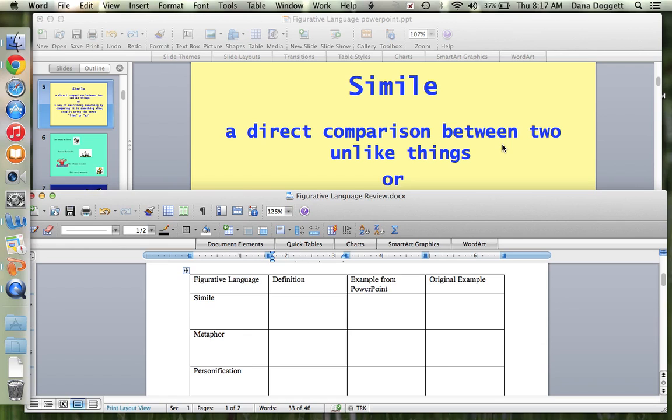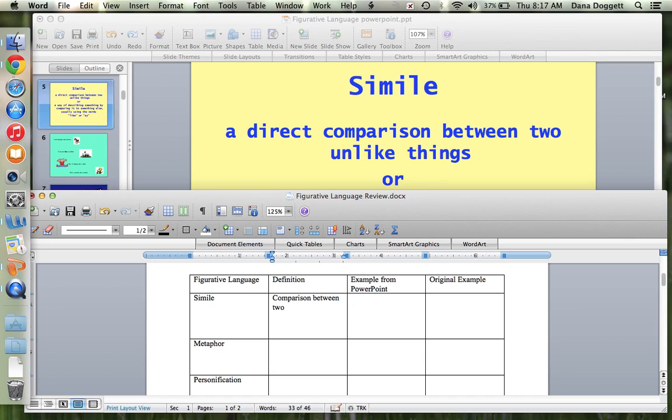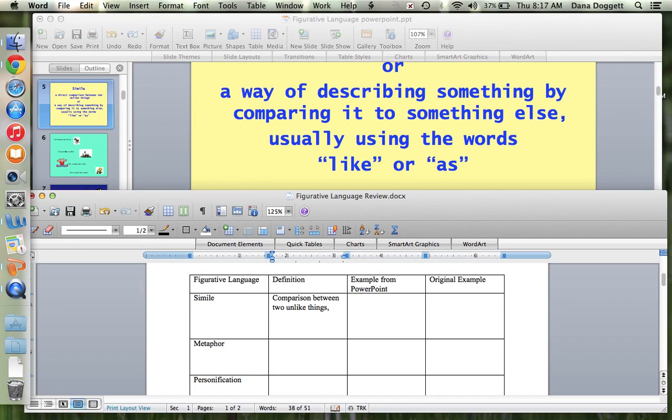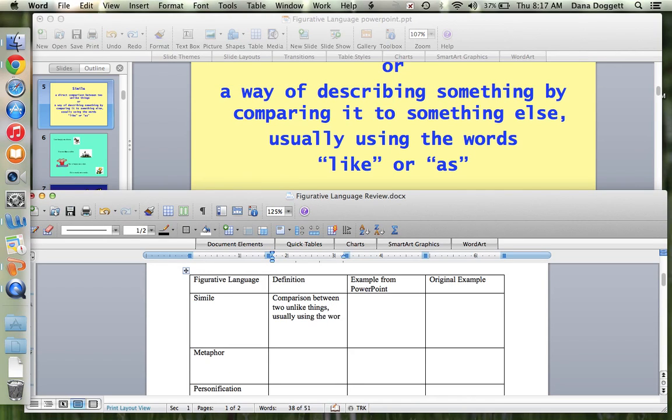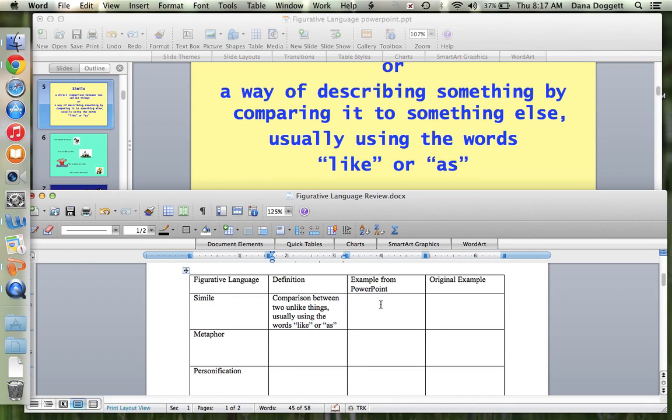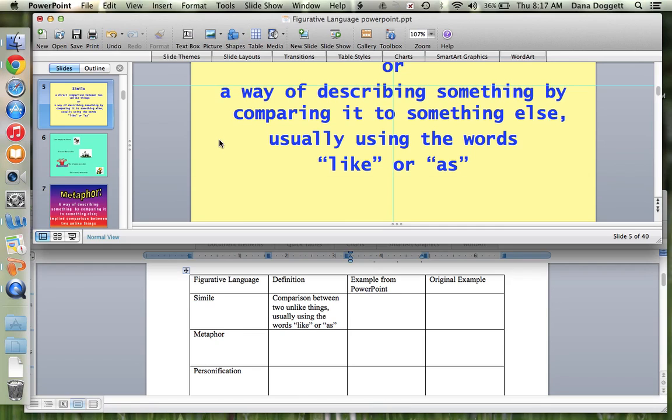So for definition, I'm going to write a comparison between two unlike things, and then I'm going to write usually using the words like or as. So you can see I didn't write the whole definition word for word. I just wrote what I needed to help me remember what a simile was.